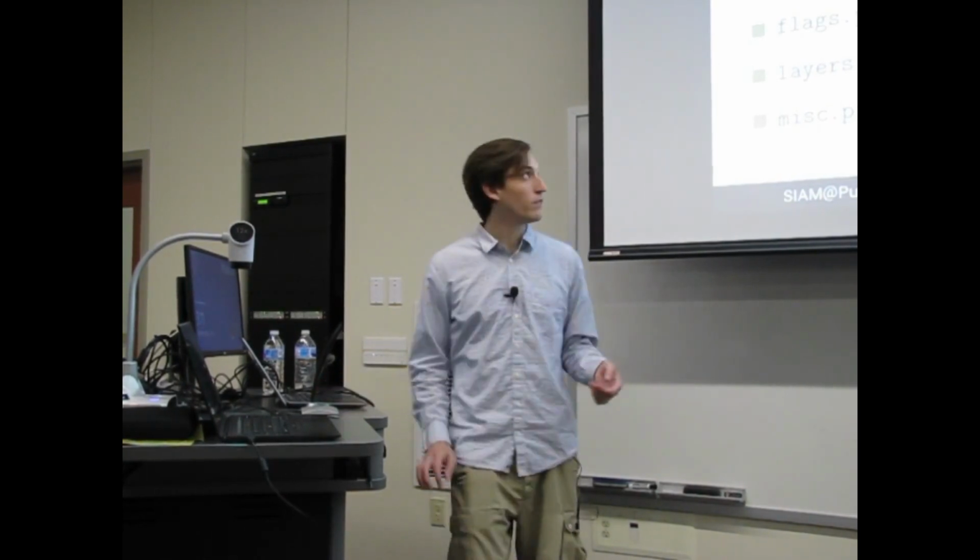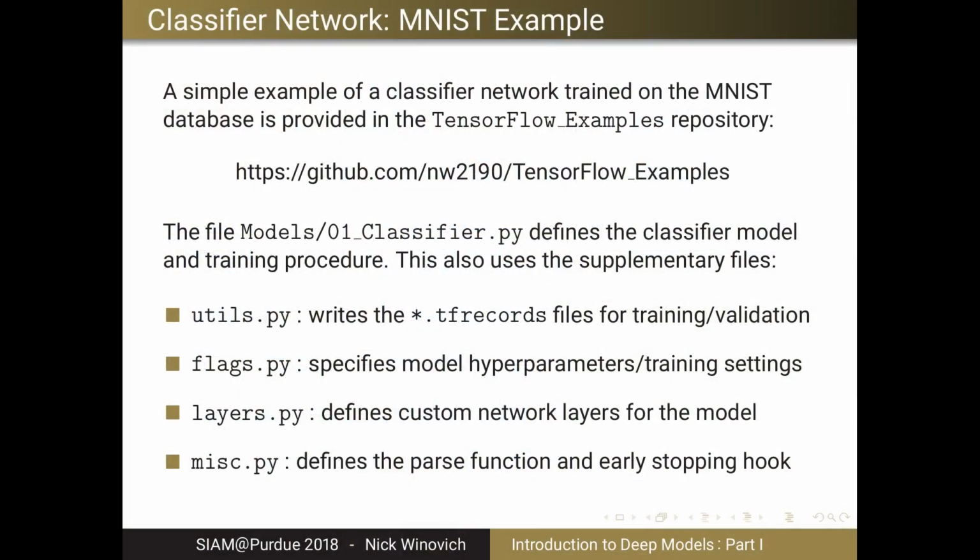And so, as I mentioned here in GitHub, I have a repository, TensorFlow examples, and within that, a models folder which contains a classifier, as well as 2 other models that we'll go over today. Now, for all of these models that we'll discuss, there are 4 helper files just used to organize our code.